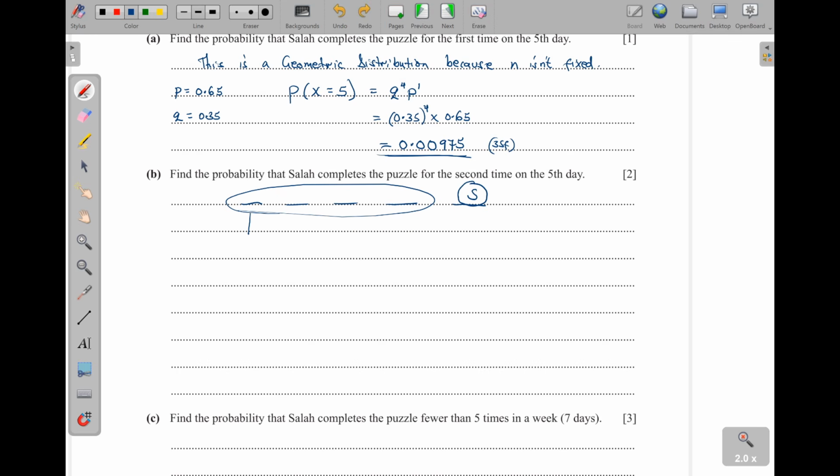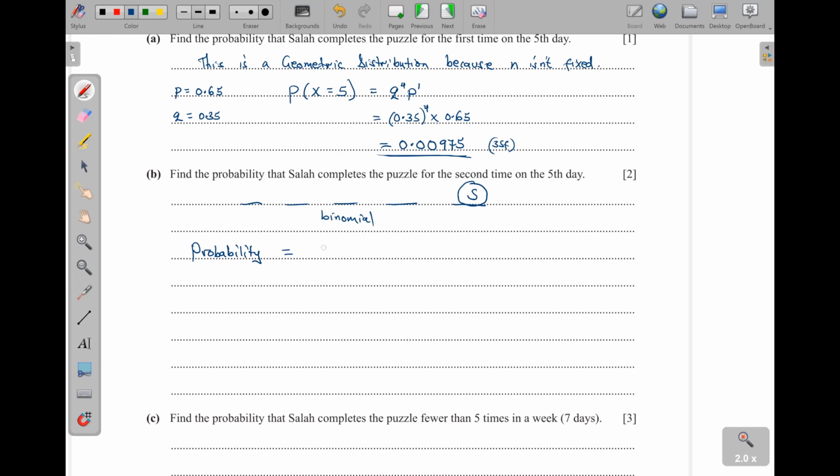So I'm going to treat this one as a binomial here. So when I'm finding the probability here, I'm going to look out for that probability where I'm having 1 success and 3 failures. So I'm treating this one here as a binomial to save time.